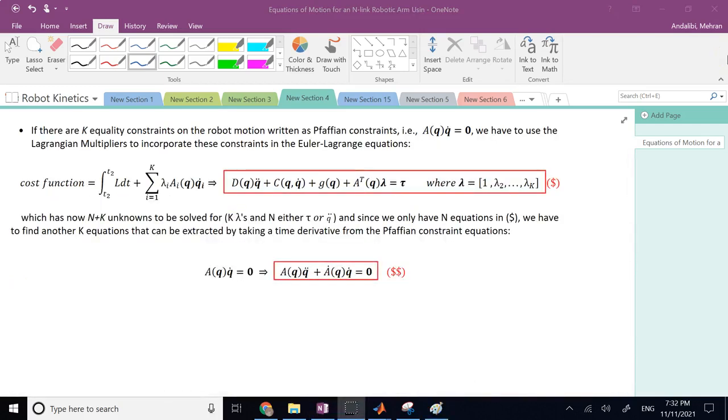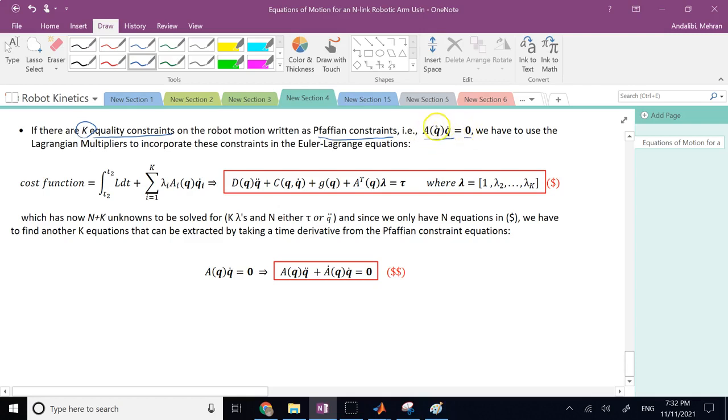Now if you have constraints on the motion, and these constraints are equality constraints, let's say you have k equality constraints, and you can write these constraints as Pfaffian constraints, which is like a matrix A of q times vector q dot equals 0.